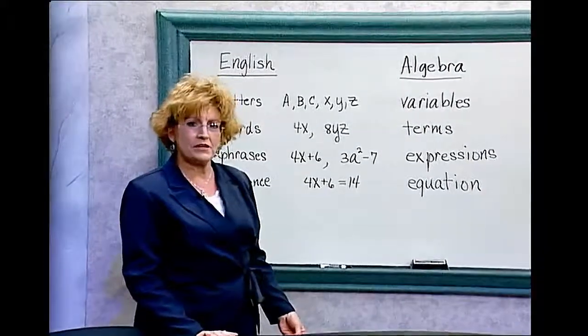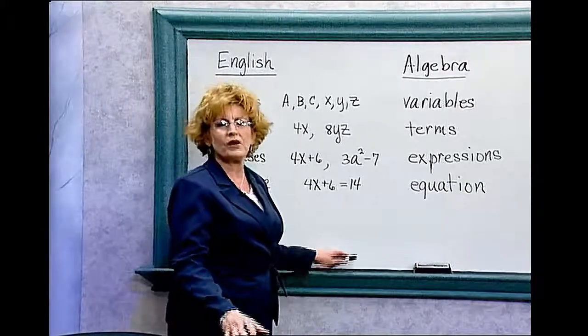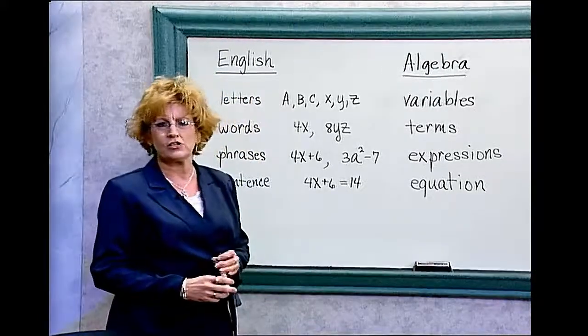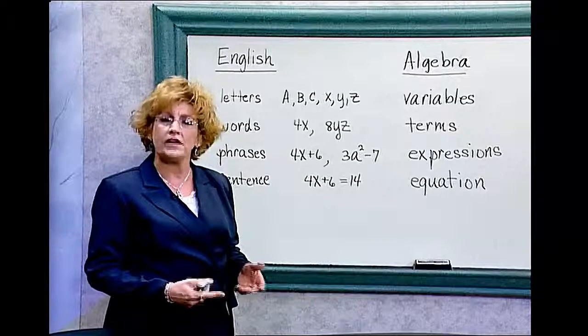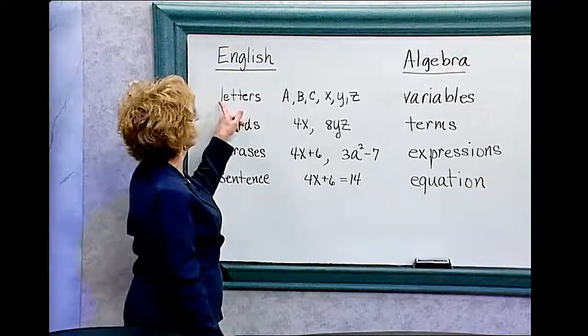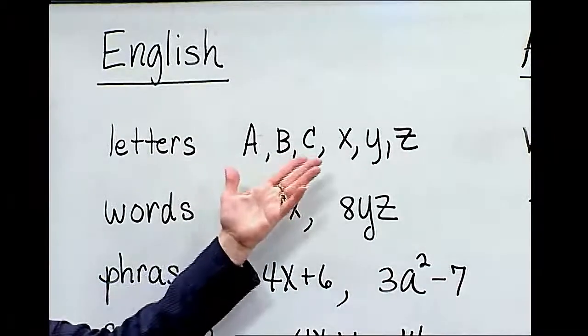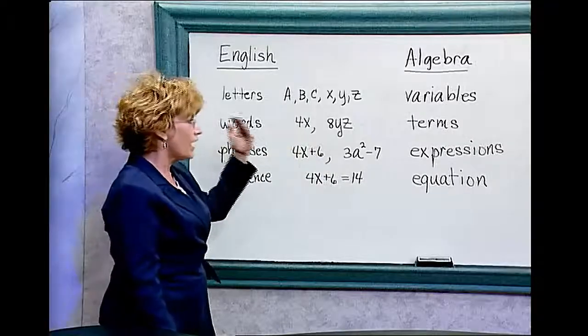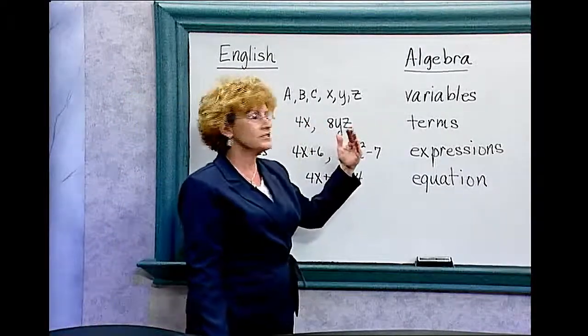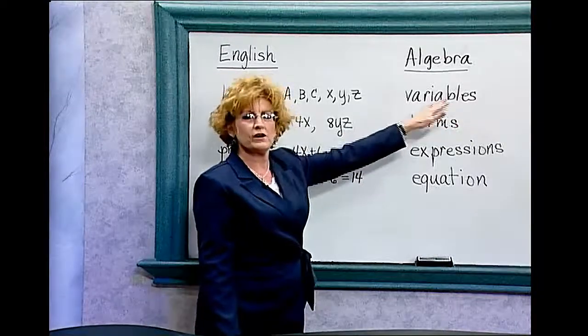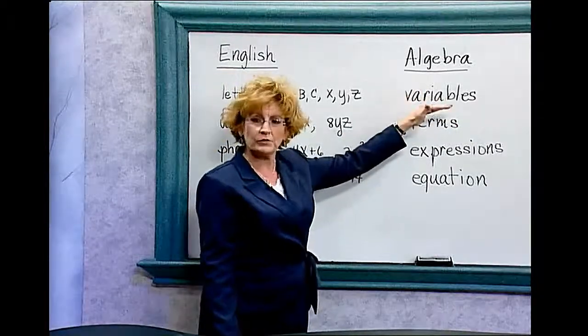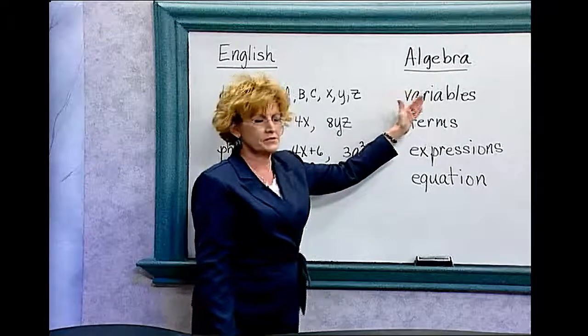Just as we speak English, stop and think about when you first learned the English language, someone taught you the alphabet. The alphabet was made up of letters, A, B, C, X, Y, Z. In algebra or in math, those letters are called variables. We also use numbers along with our variables.